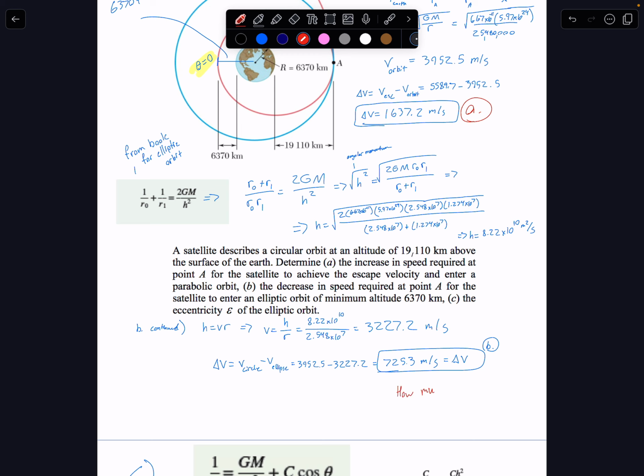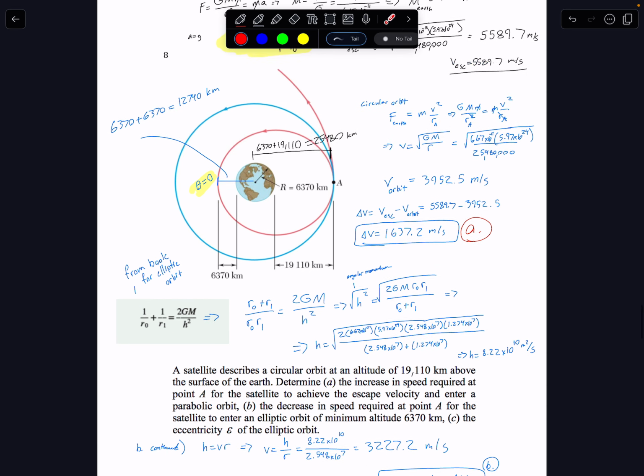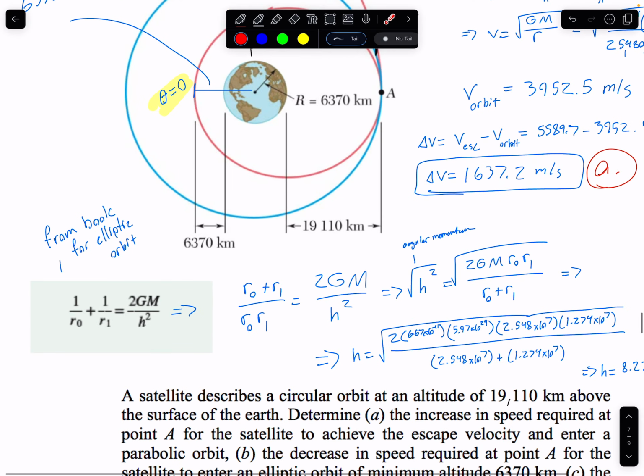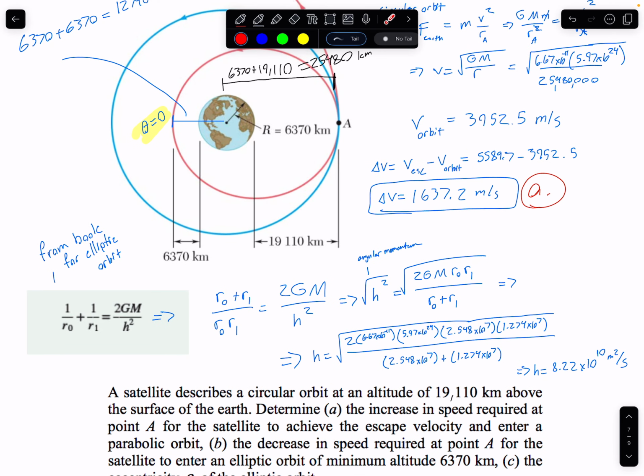Yeah, so how much it needs to slow down to enter the elliptical orbit.